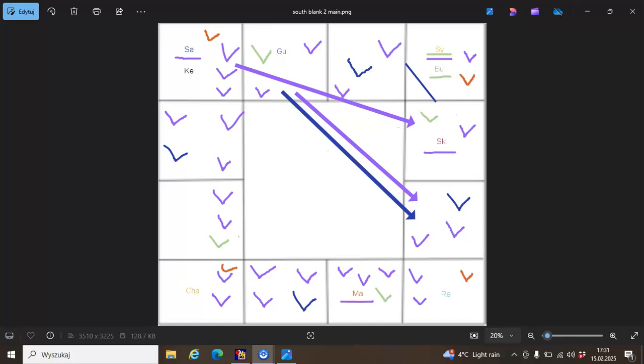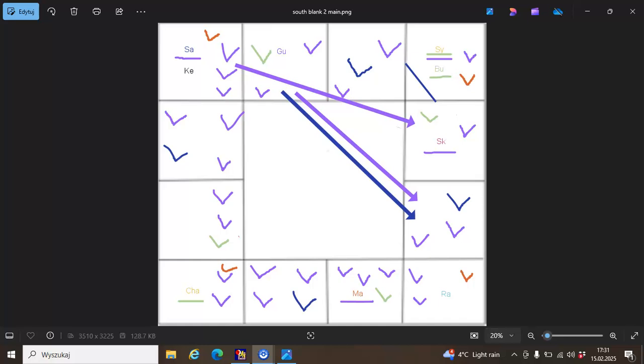So we've got 2 grahas in the first Kendra. Then in the 4th house we've got only Rahu, but in the 7th house we've got Chandra or the moon, in another Kendra of the horoscope.